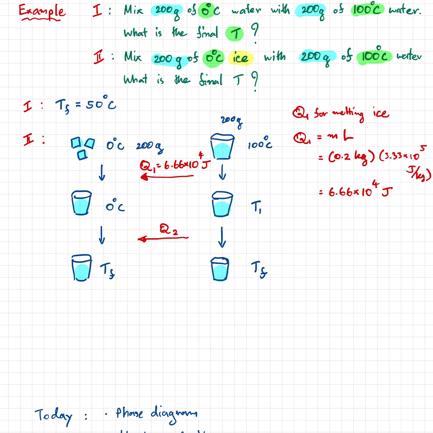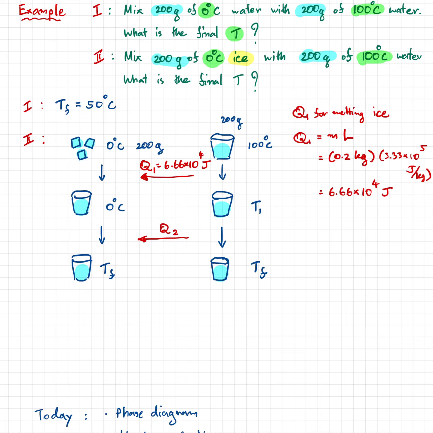So hot water loses energy, so it's going to be negative Q for hot water, right? This is where the sign will become a little bit difficult if you're not careful. So just be aware of the sign in this way.